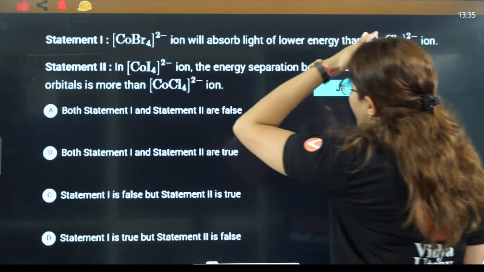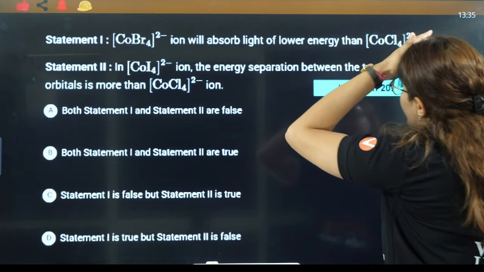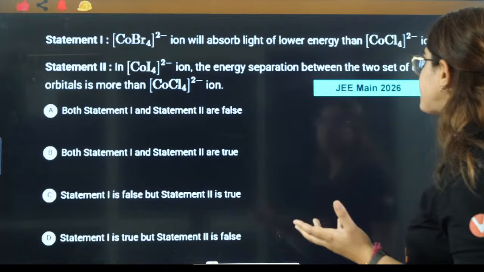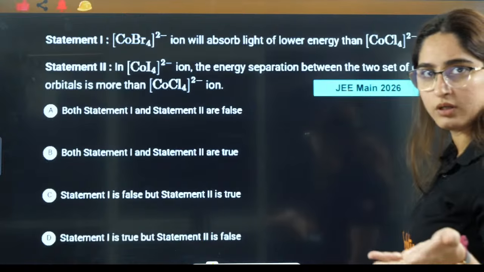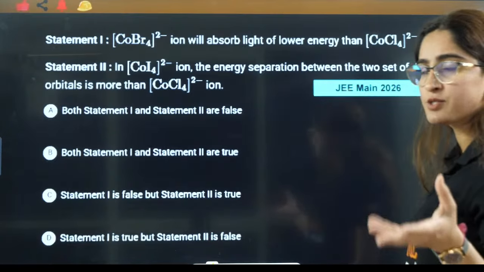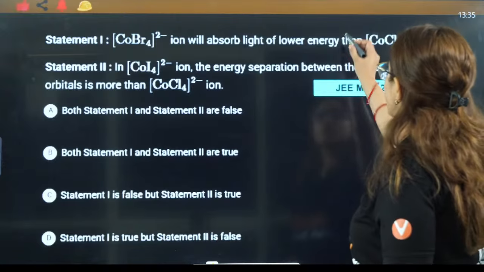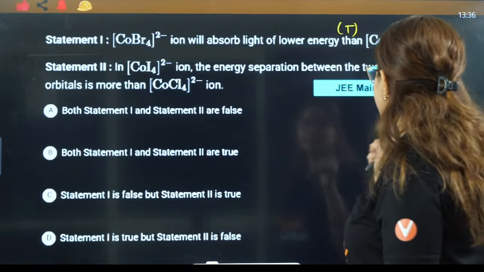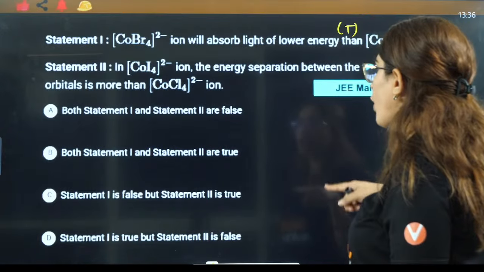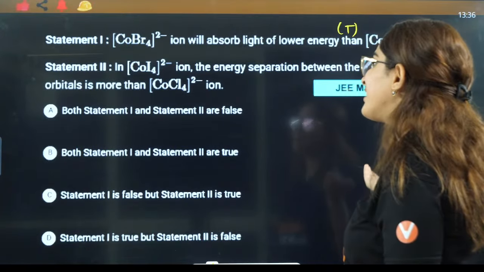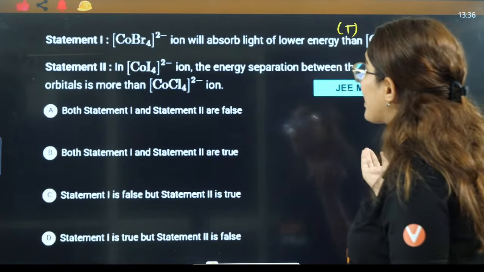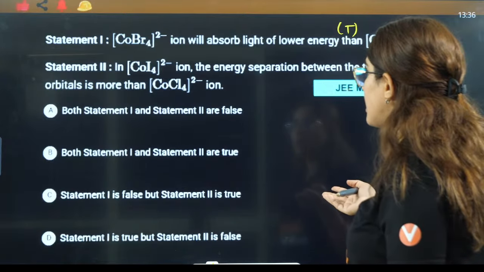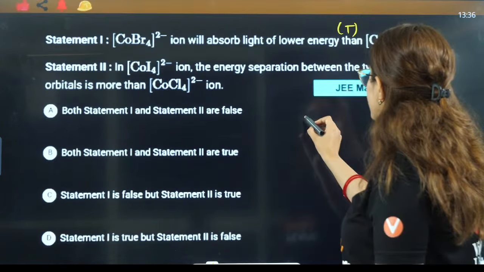CoBr4 2 negative ion will absorb light of lower energy. Definitely, because it has low CFSE, you can say in the spectrochemical series it is low. So it will absorb light of lower energy. Iodine, the energy separation between two sets of d orbitals is more than this. See, it is actually like this.